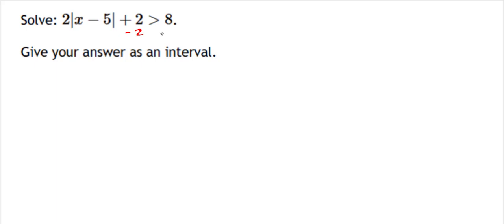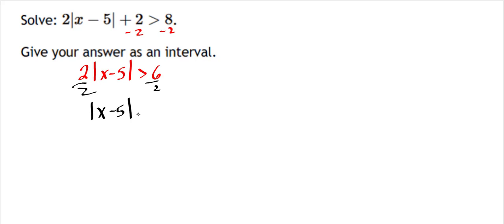So, again, we're going to -2. We're going to isolate the absolute value, we'll divide, right? So be careful, because this right here could be a negative division, which would flip that, okay? So that's x minus 5 greater than 3. That's an OR, right? Great OR. Did you hear that? Greater, great OR.